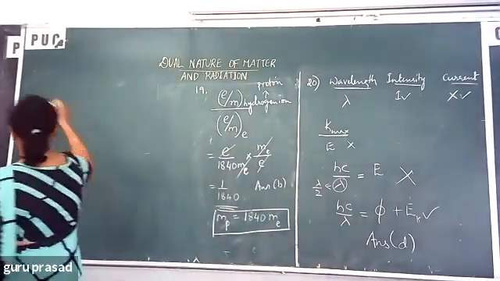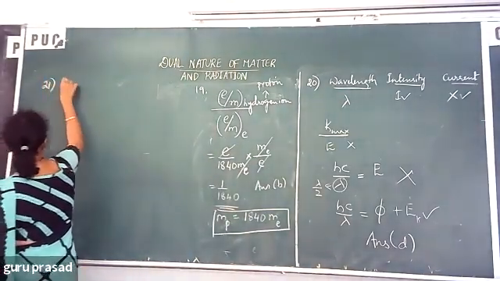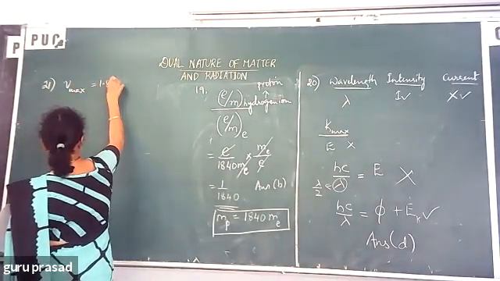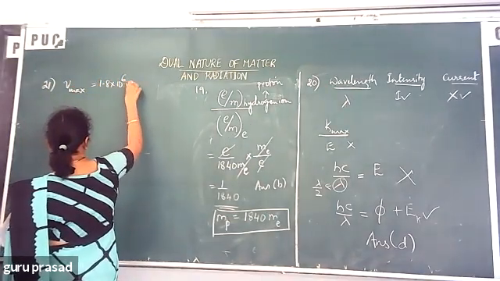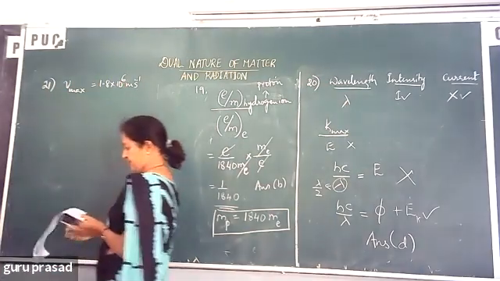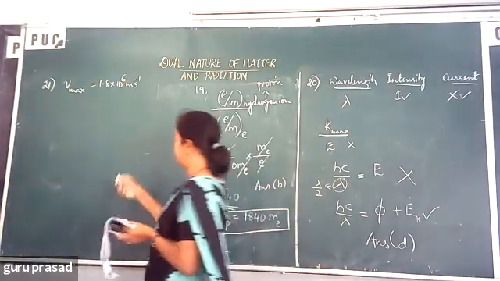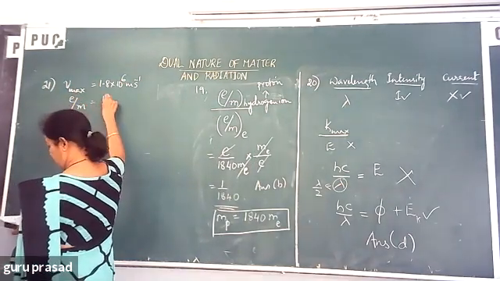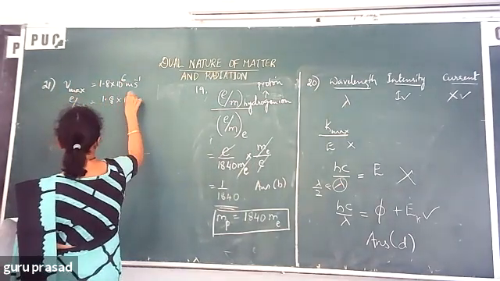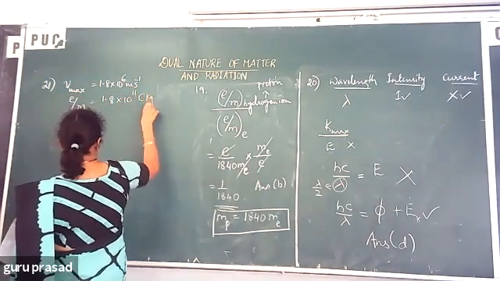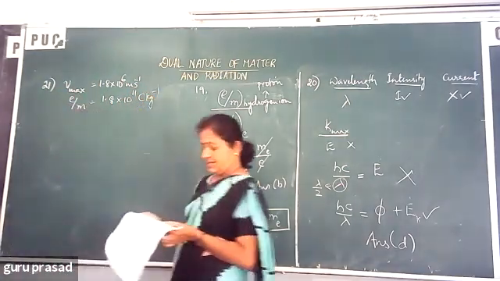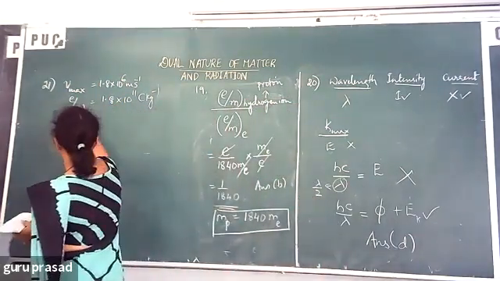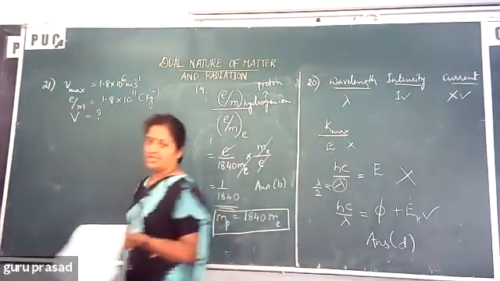The specific charge e by m is also given: 1.8 into 10 power 11 coulomb per kg. Then the stopping potential of the emitter is how much?